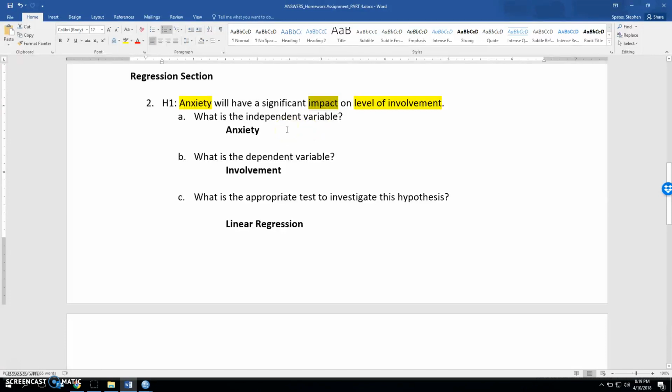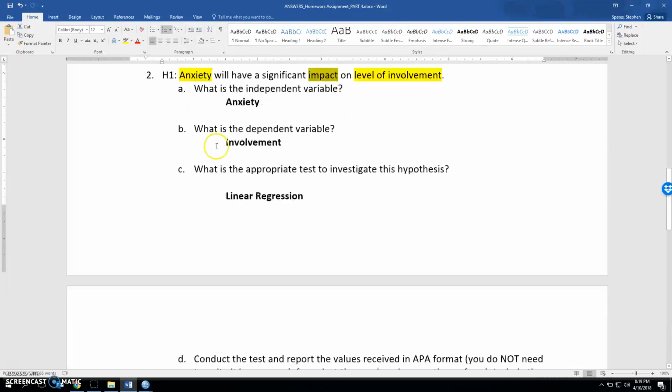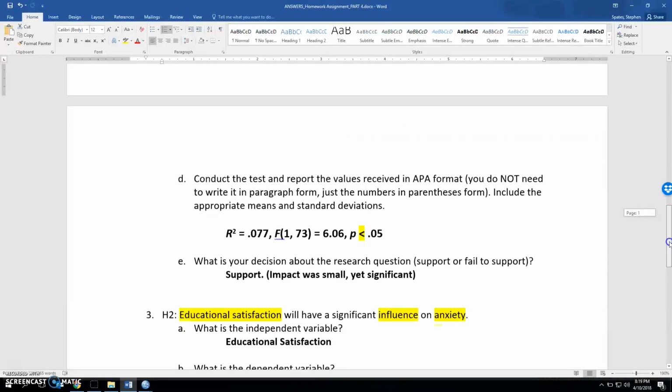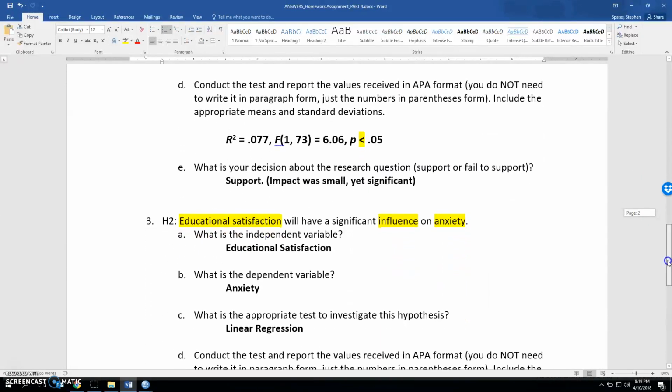Impact, influence, predictor of, all of those are keywords for the regression. So that becomes our answer for C. What is the appropriate test to investigate this hypothesis? The linear regression, the simple linear regression it's also known as. And so now we need to go and run our test in SPSS.